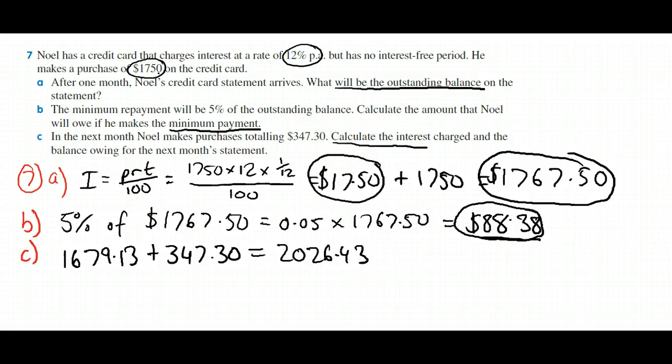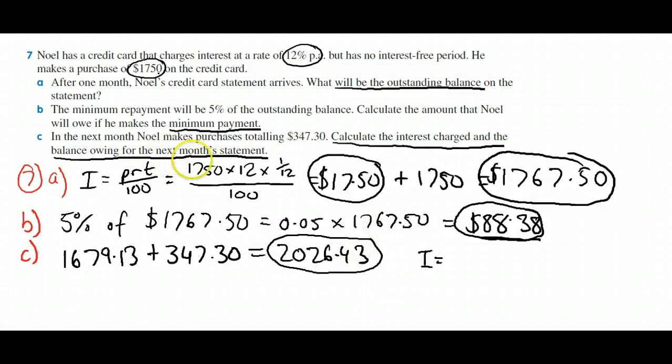Now, calculate the interest charged and the balance owing for the next month's statement. So after another month, they're going to charge some more interest. So we've got to find out how much interest he's going to get charged if this is how much he owes, and then work out the balance owing for the next month's statement, after we've added on the next month's interest.